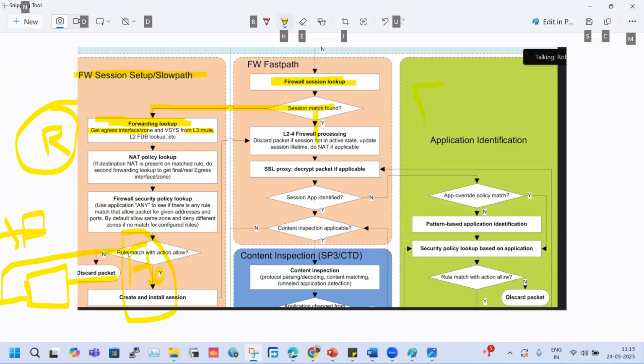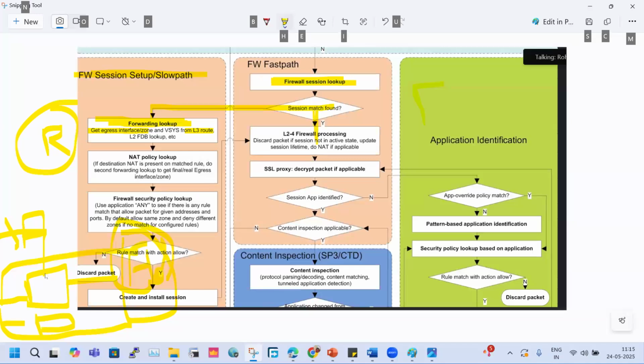Either the session can be an existing session or it can be a new session. If the session already exists, it means the user is already accessing through the firewall. Once it has passed through the firewall, it maintains its session details, like source IP, destination IP, source port, destination port. Traffic from that source will come for that destination again, and the firewall will check the session table for an existing session for that source and destination.